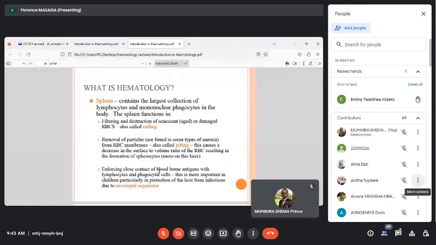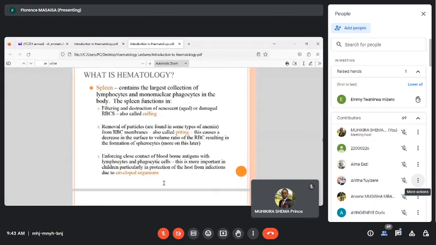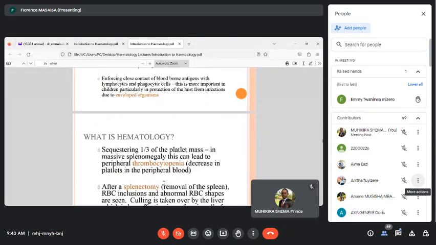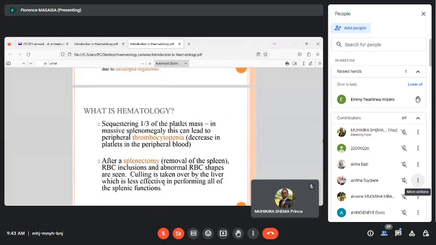Then we have also the mechanism playing a role in defense by putting together antigen and antibody. In case of splenomegaly, we have excess of cell destruction because there will be hypersplenism.